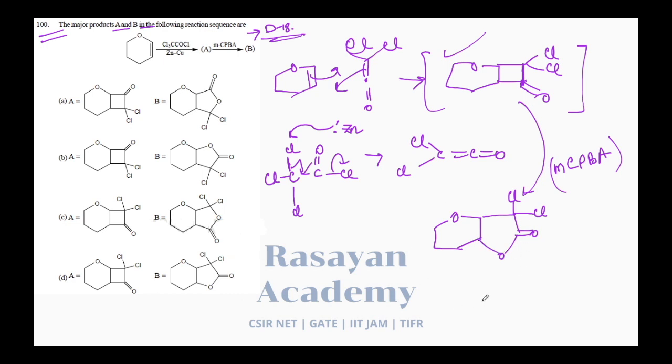Alright, so this is your final product which you have got, and the answer is option number D for this question, right? Specifically this regioselectivity, because you are going to get a stable intermediate in this case. Alright, a stable system you are going to get, and the second one is just the Baeyer-Villiger oxidation.